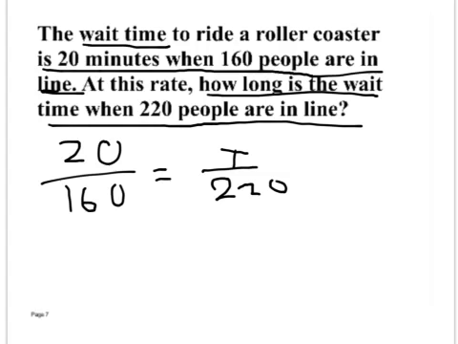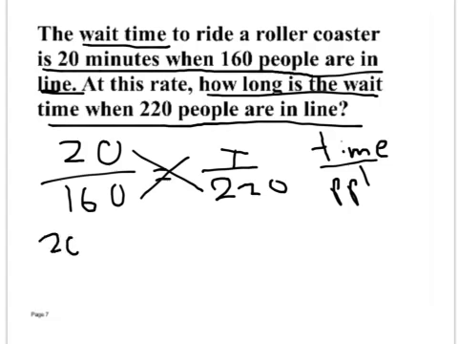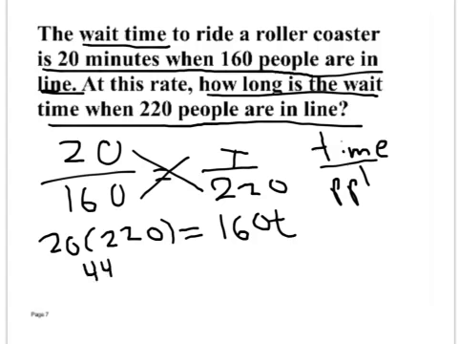20 over 160. I need to find out what the wait time is because I've got wait time on top. On bottom, I have people in line. Keep them the same. Time is on top, people in line is on bottom. Now I cross multiply. 20 times 220 and 160 times t. Well, 20 times 220 is 4,400, equals 160t.